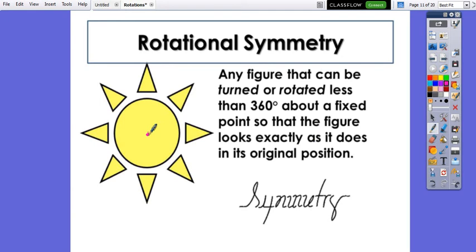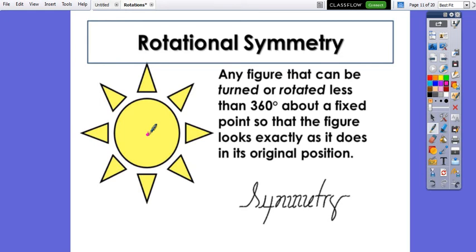Does it? No, everything's upside down. But if I took a paper, imagine that's a perfect cross over there, and turn it upside down, it's exactly the same. So this paper has 180-degree rotational symmetry.